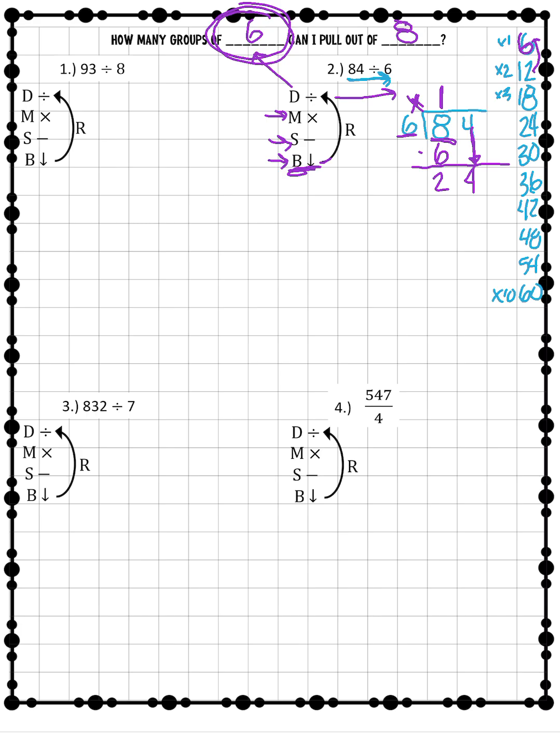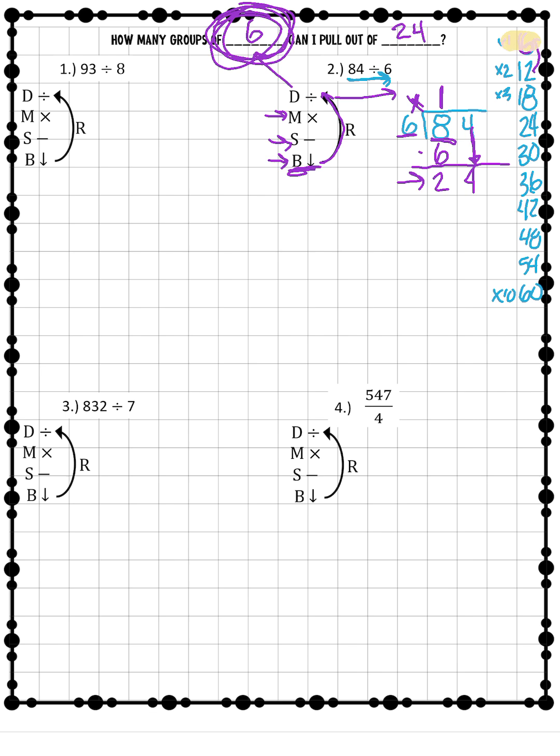Because I used the brother step, I need to go back up and repeat the dad step. So how many groups of 6 can I pull out of? And now the 8 goes away because we're actually now looking at this 24. So how many groups of 6 can I pull out of 24? So I'm going to go back to my multiples.